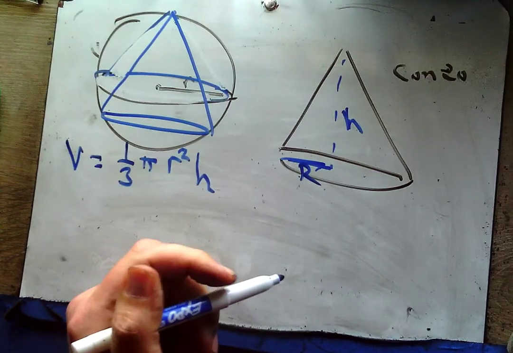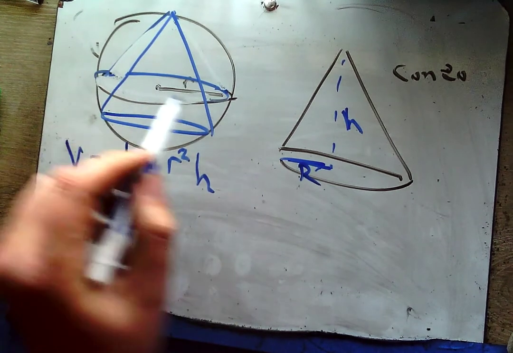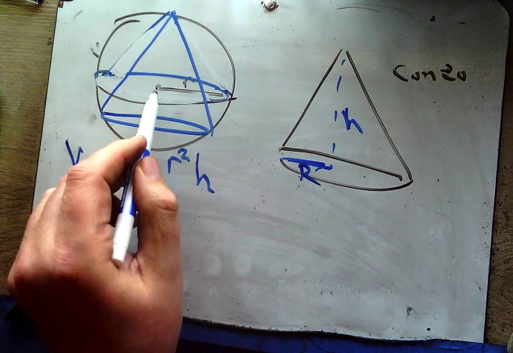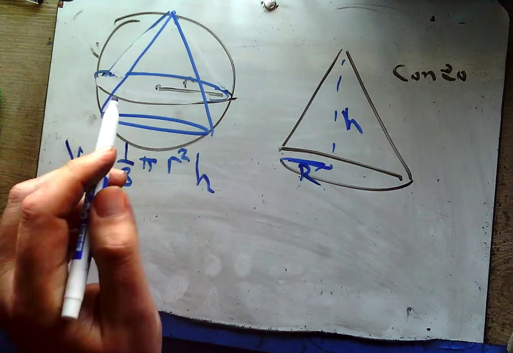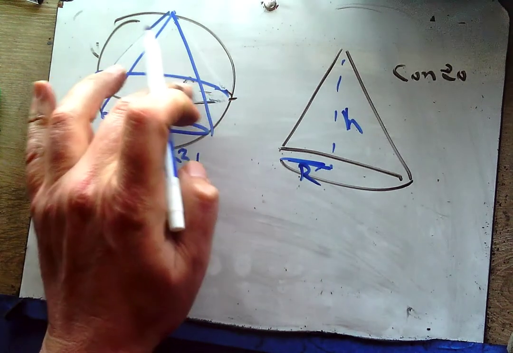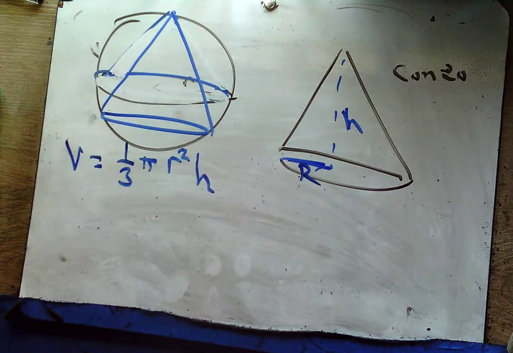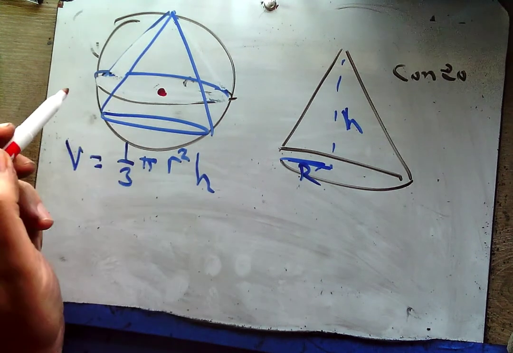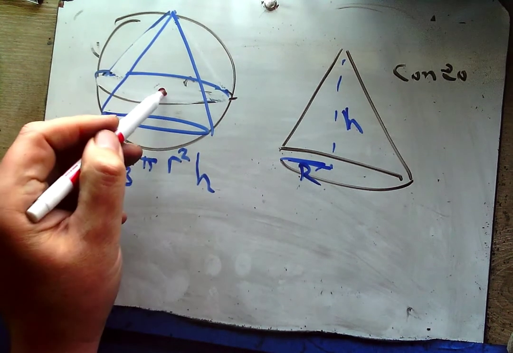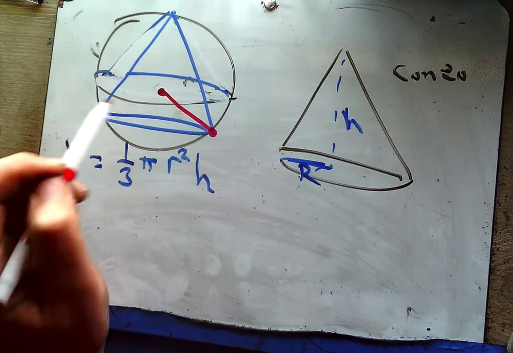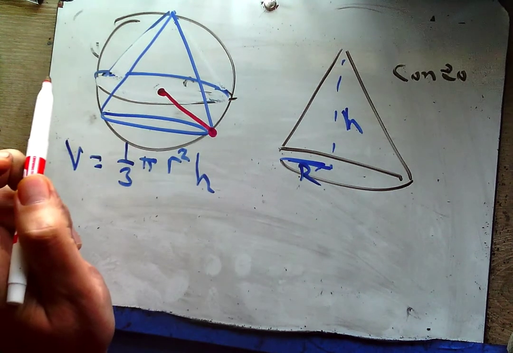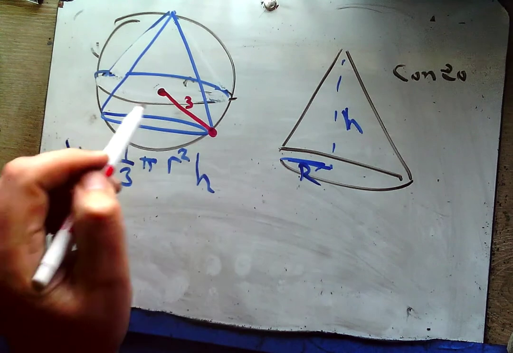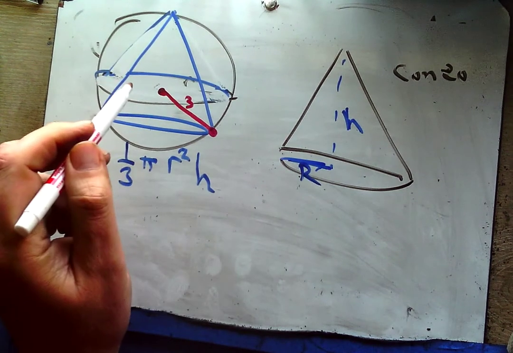So let's think about this. We know that the radius is 3. By the way, this is the center of the circle. The radius goes from the center out to the edge of the sphere. So this is 3.